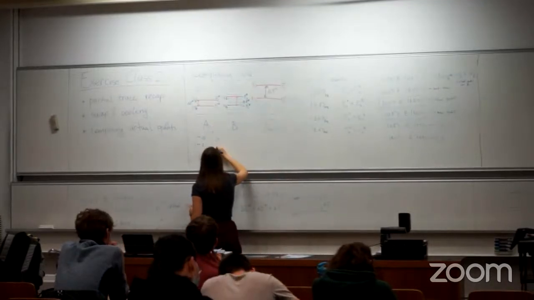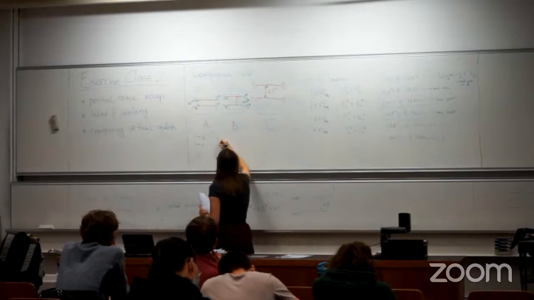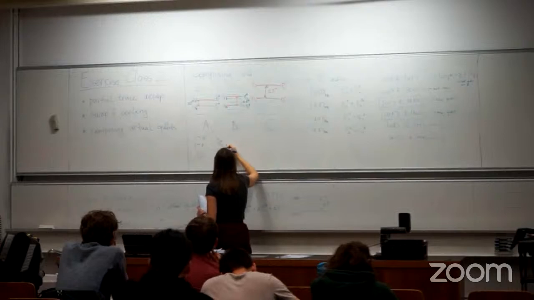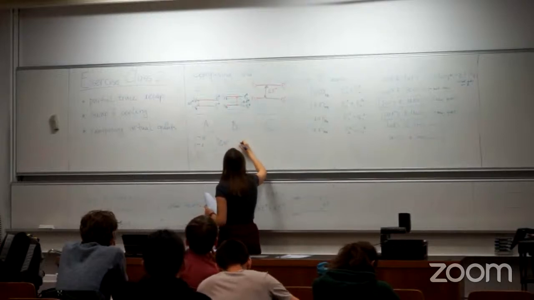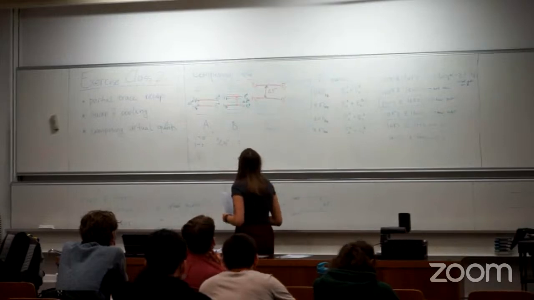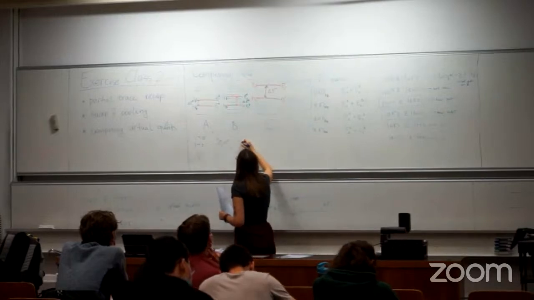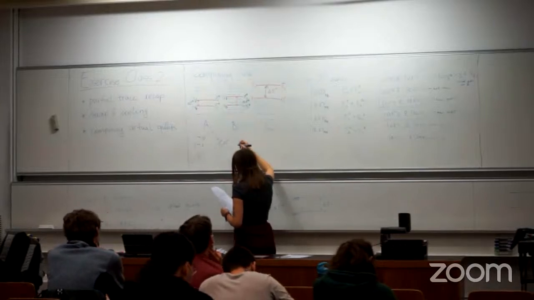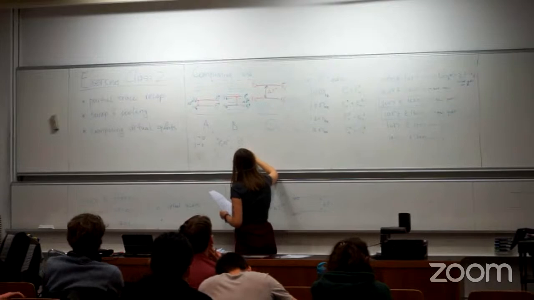So the virtual temperature of this qubit, which I label as beta VA, we have e to the power minus beta VA delta EA equals PJA over PIA.